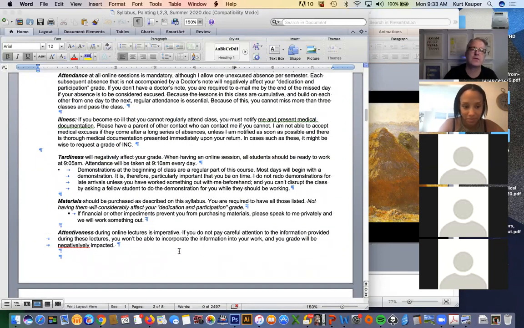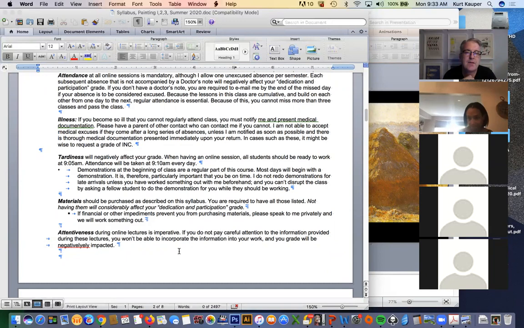So materials should be purchased exactly as I described them on the syllabus. I will absolutely understand any kind of financial difficulties. You should talk to me about that. I actually do have a lot of materials on campus.